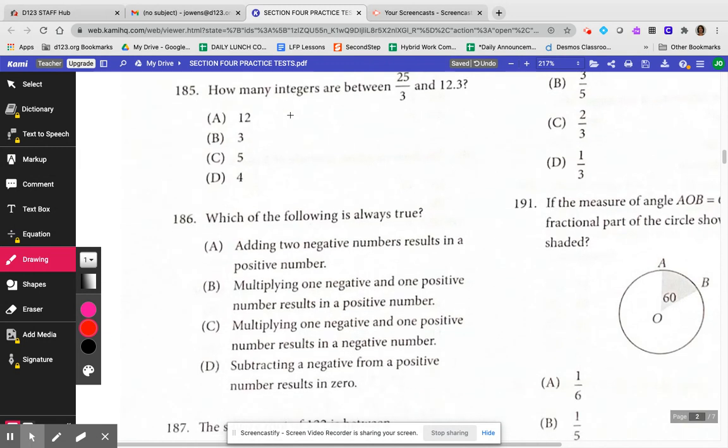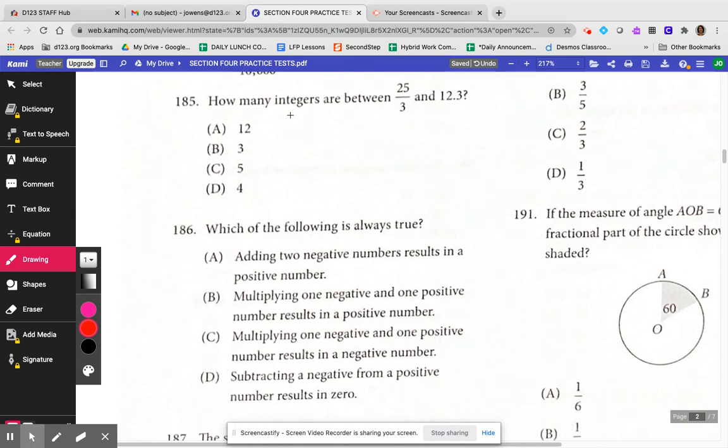And 185, how many integers are between 25 thirds and 12.3? First, you have to know what an integer is. So that's going to be a whole, positive or negative number. So 25 thirds. How many times does 3 go into 25?